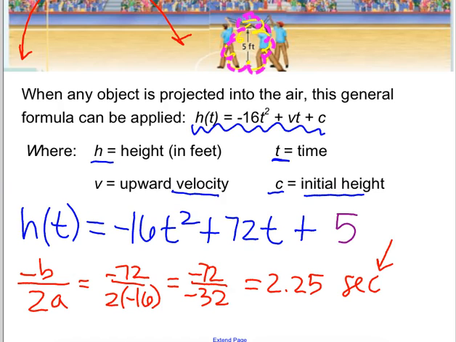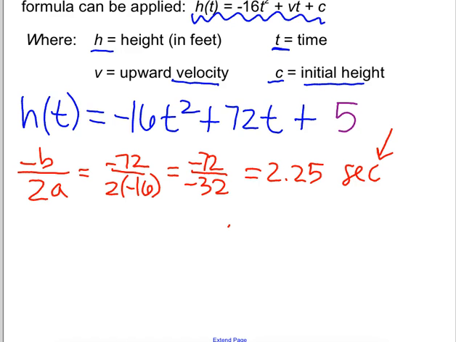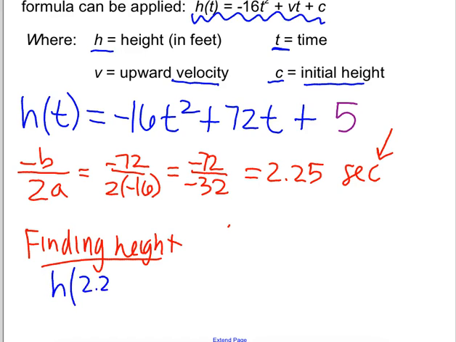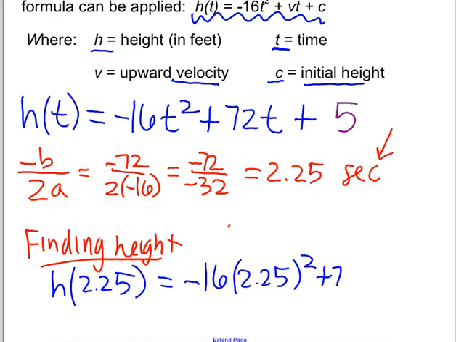So now let's plug in to figure out what our height would be. So now I'm going to put finding height. So I'm going to plug in 2.25 in for t. Negative 16 times 2.25 squared plus 72 times 2.25 plus 5.